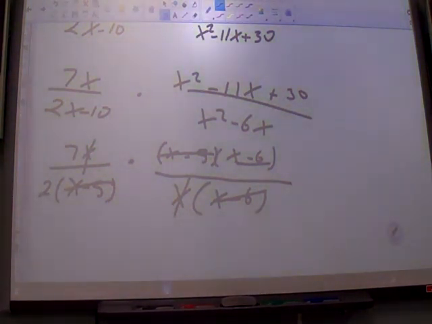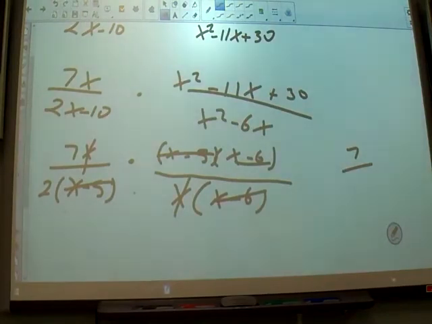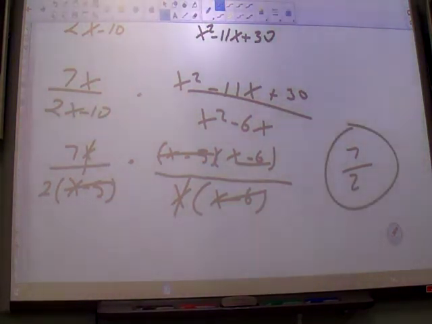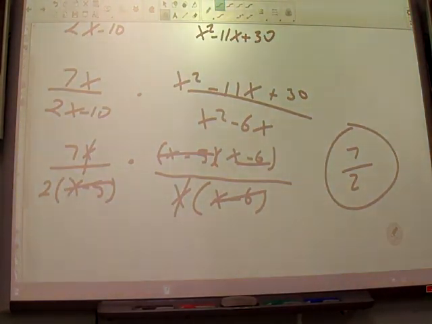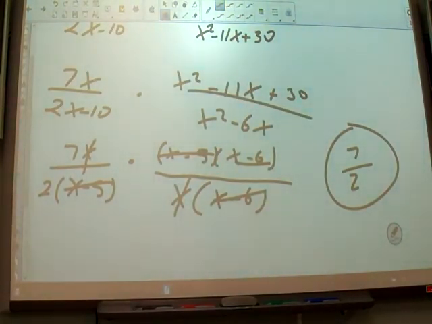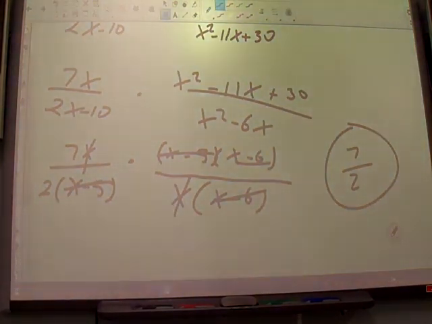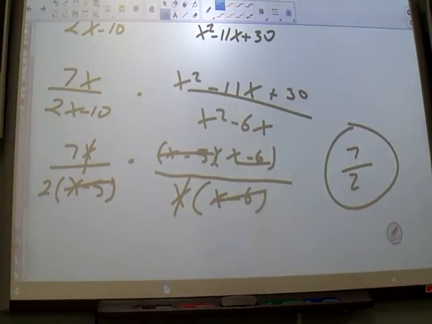So all I have left on the numerator is a 7. All I have left on the denominator is a 2. So all of those variables are gone. You just get 7 halves, or 3 1/2 if you want to write it that way.